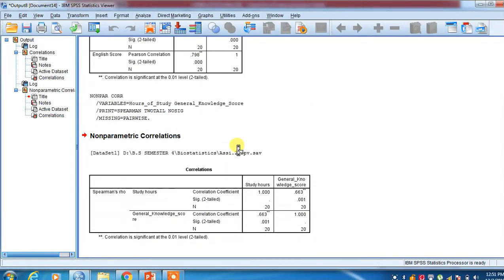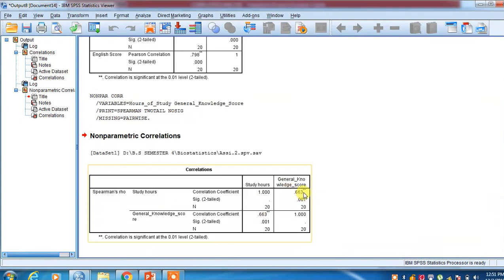Now the output is Nonparametric Correlations, which indicates that this test is for nonparametric data. Here we will get Spearman's rho. The correlation coefficient is 1 when study hours are correlated with study hours, but when we correlate the study hours with the general knowledge score, its value is 0.663 with double asterisk.